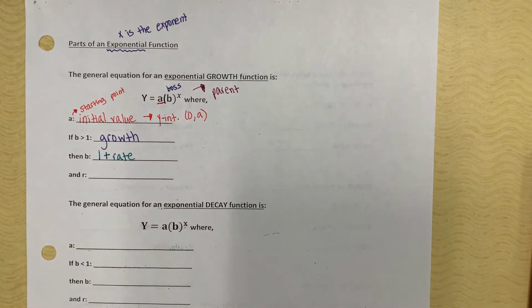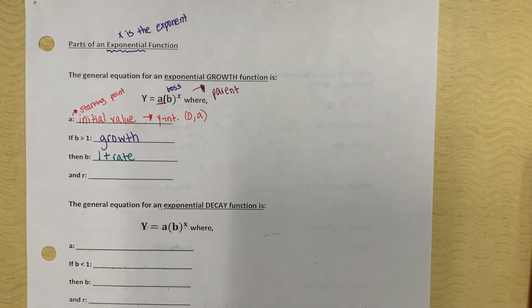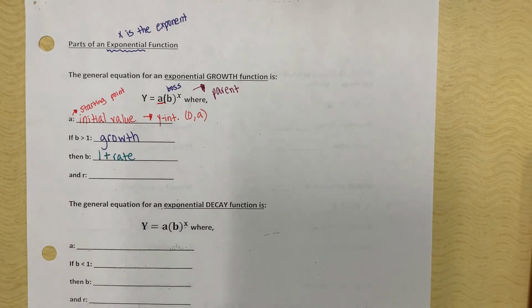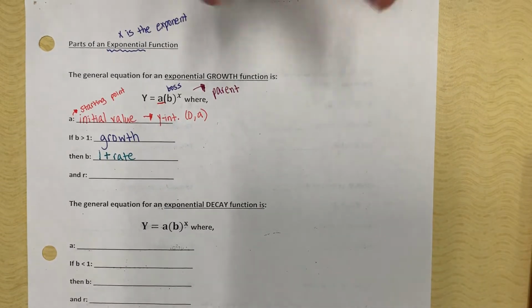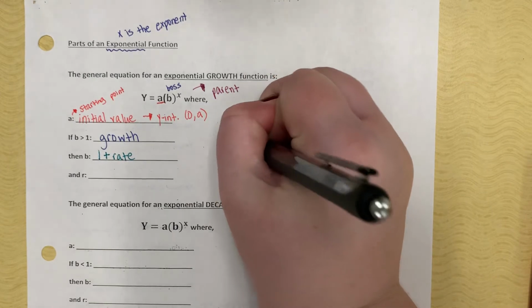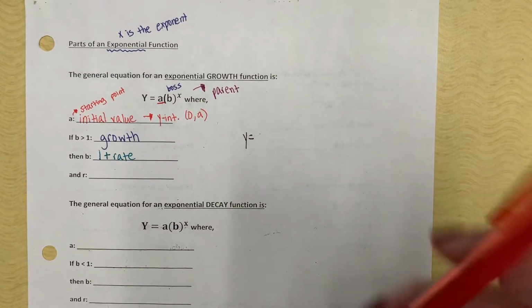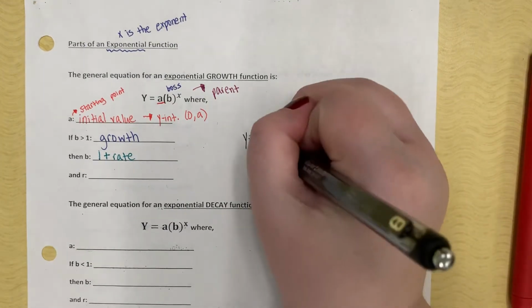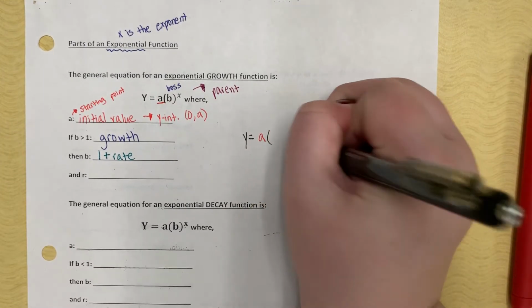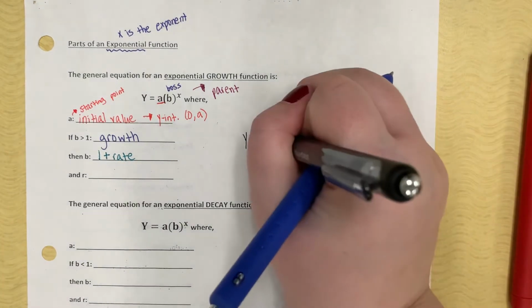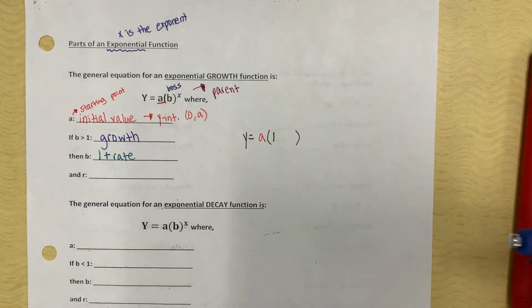Okay, so notice that in the parent equation, b would be a 1, like in the perfect parent equation. But depending on what number is there, if it's greater than 1, it's growing, and we need to find the rate of growth. So the rate would be, how do I say that, Ms. Delk? The percent larger than 1 turned to a rate. How do I say that? What could we say right there? There we go.